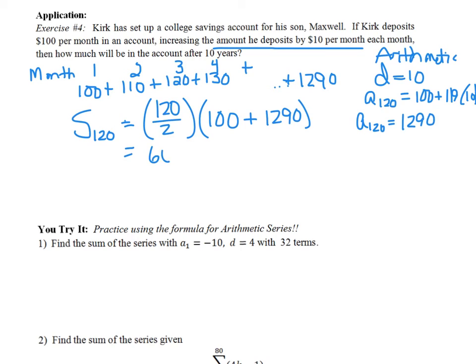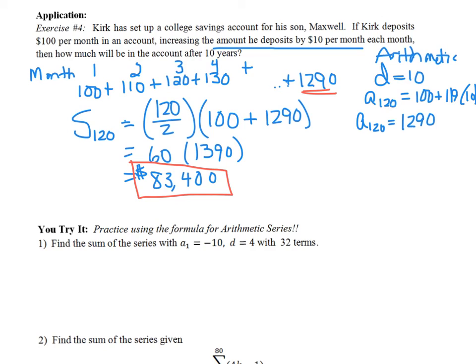So this gives me 60 multiplied by 1,390. So my answer for how much money he'll have in the account, wow, Maxwell is going to have a lot of money after 10 years, $83,400. And notice that the most that Kirk has to deposit in 1 month is $1,290.